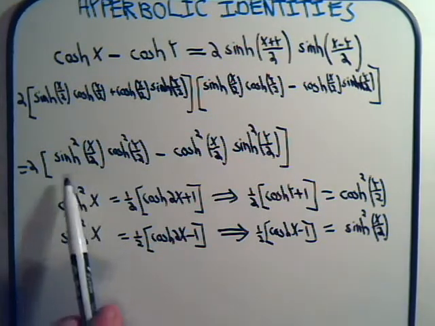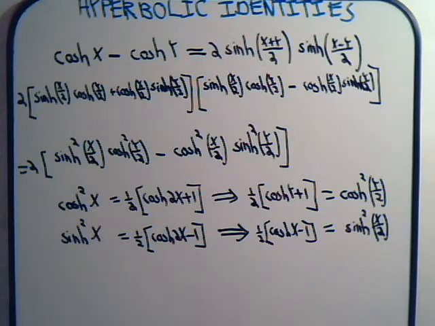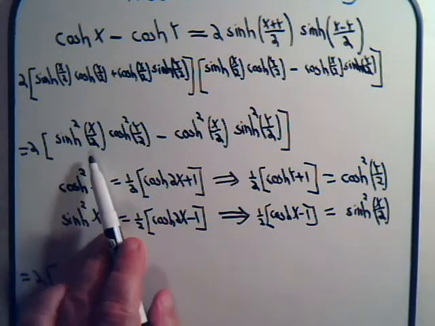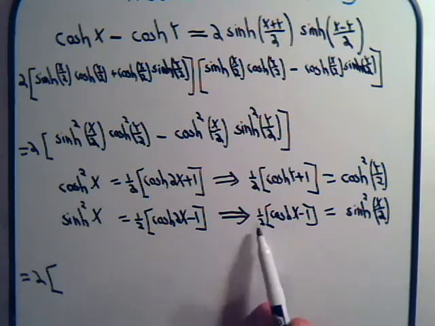So let's go ahead and rewrite this entire expression using our new identities here. So this will equal 2, and we have the hyperbolic sine squared of x over 2. That's this right here.